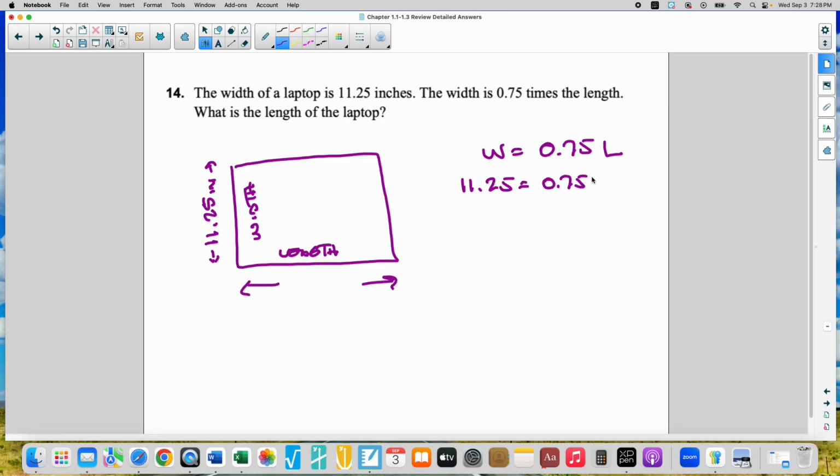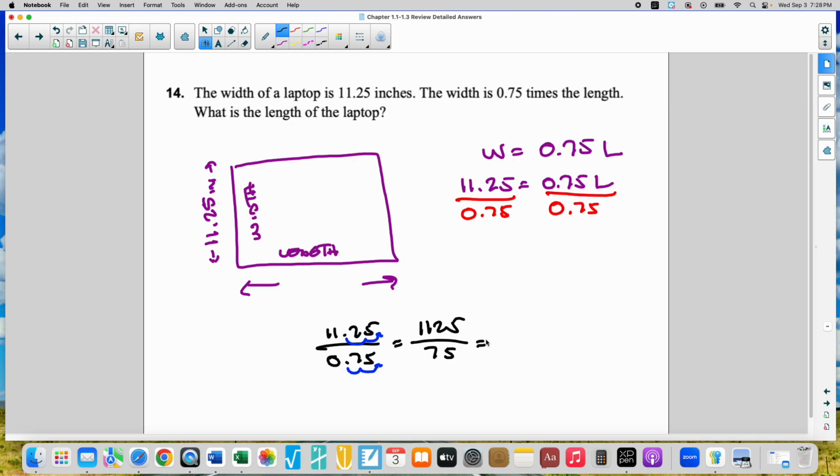equals 0.75 L. We're going to divide by 0.75, divide by 0.75, and now we have a decimal, 11.25 over 0.75. We're going to move that decimal point 2 places, that decimal point 2 places, and we get 1125 over 75. Let's reduce this by quarters. I know that 25 goes into 75 3 times.